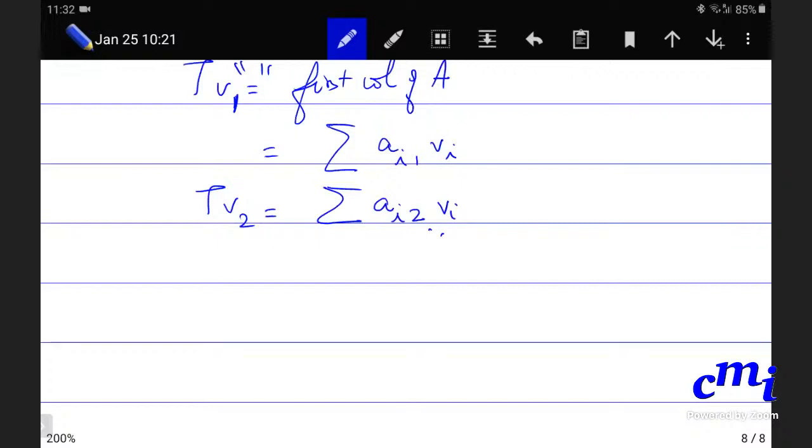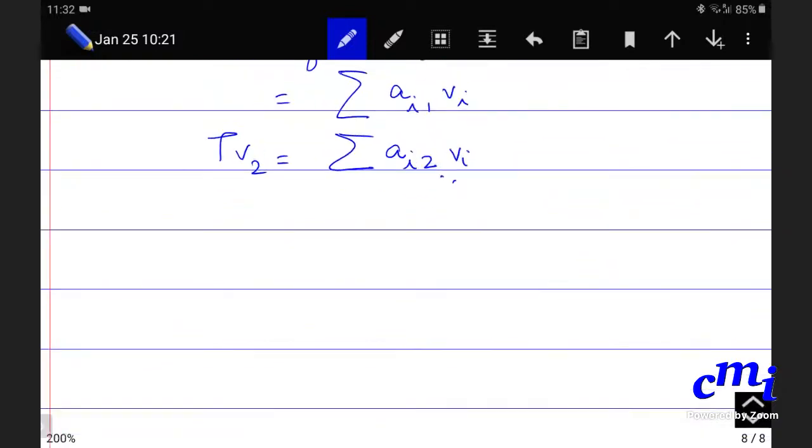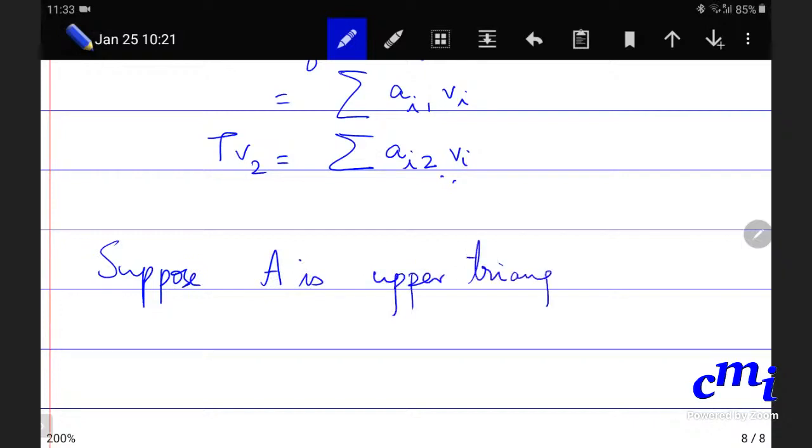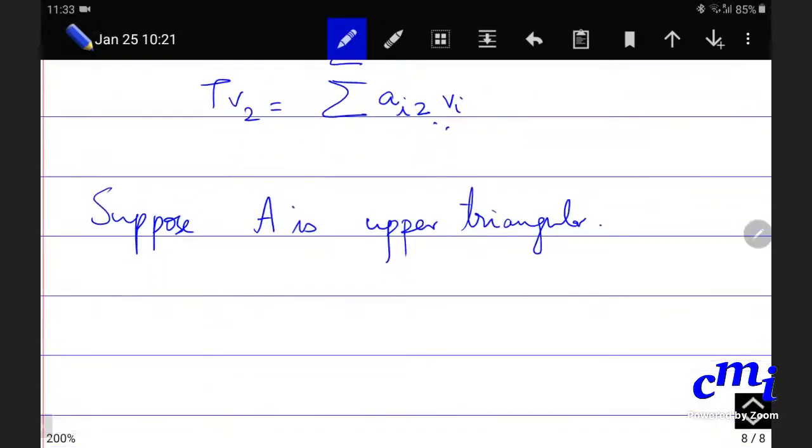So now we are asking whether, let's ask for upper triangular, it's just easier to write down. Suppose A is upper triangular. What does that mean?